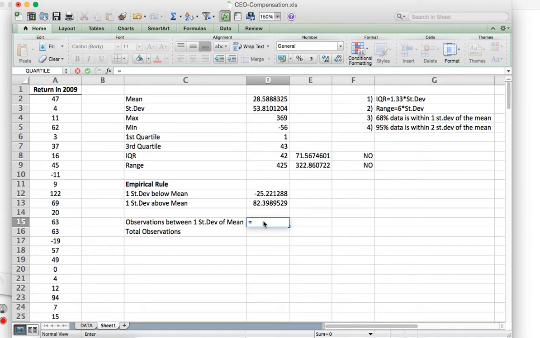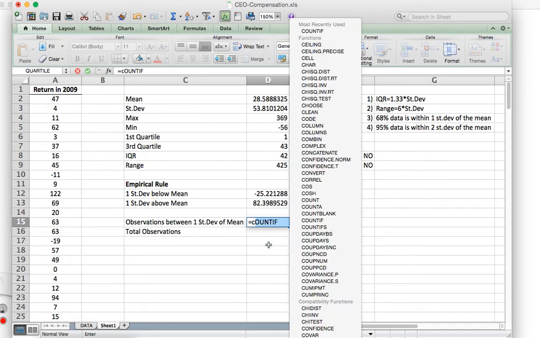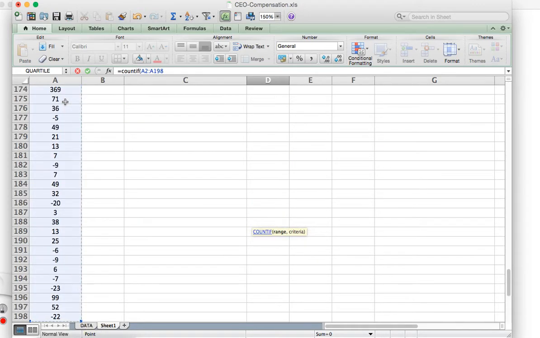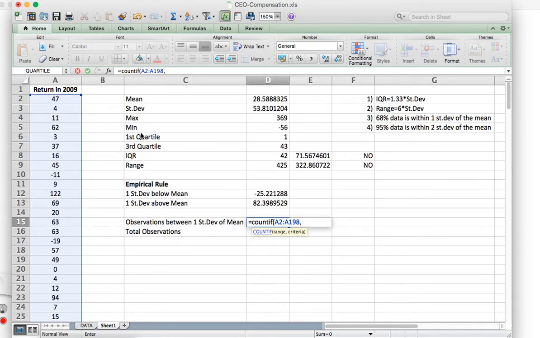Right, so let's start with this data here. COUNTIF, open a bracket. So this is the COUNTIF function. Now we need to give the range. The range runs from this down to the bottom, 198 apparently, and this is the same range as we used here. Now I have to use a slightly different version of coding for the criteria. The criteria is that I need to count all the numbers that are bigger than this value.